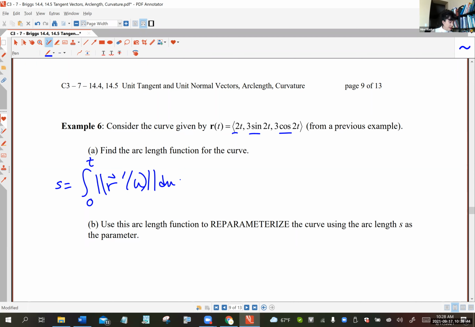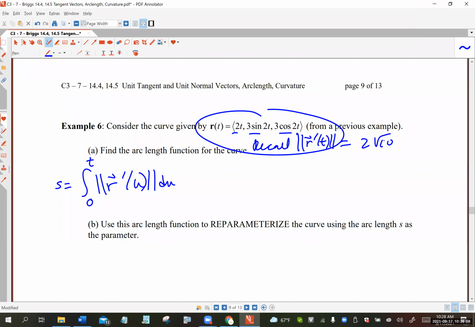Now, if you recall from a previous time of working with this, it turned out that speed, the magnitude of r prime of t, was equal to 2 square root of 10, because we worked on this with a previous example. So we're going to have this 2 square root of 10 as our speed, and that's just a constant.